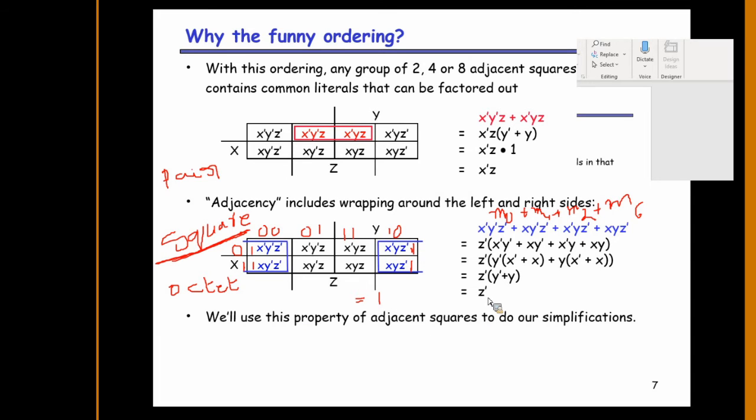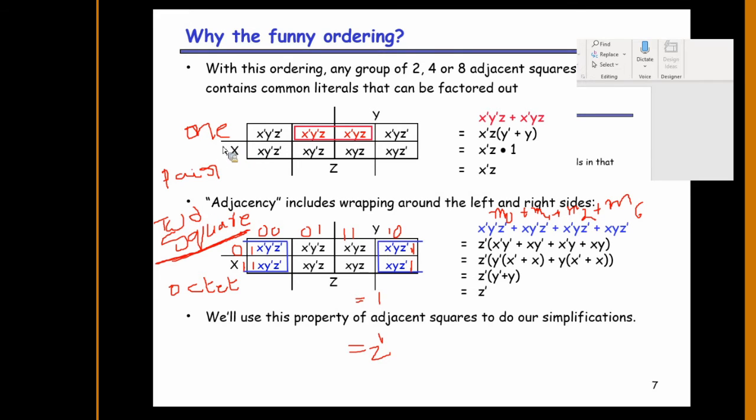Hence here the minimal expression is equal to z bar. So a pair can eliminate one variable after forming a pair, and a square can eliminate two variables which are not common for all the 4 minterms.